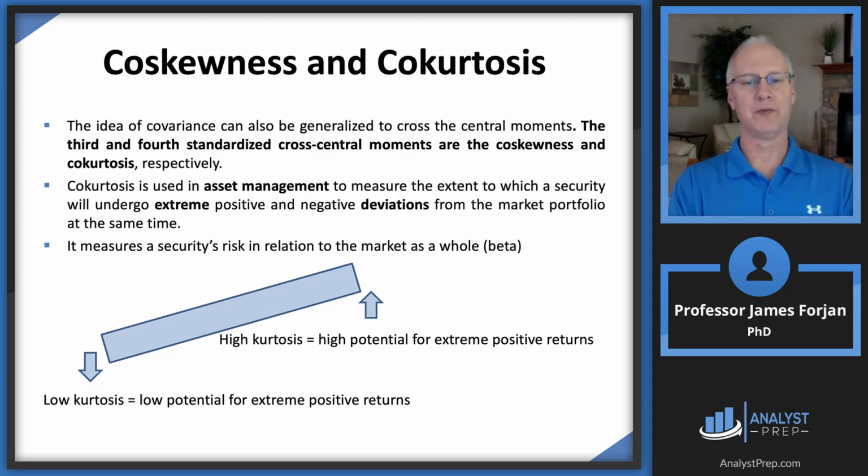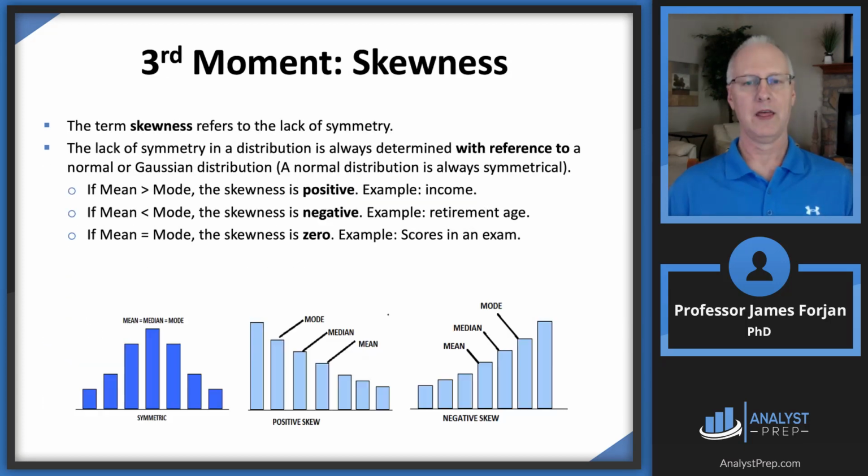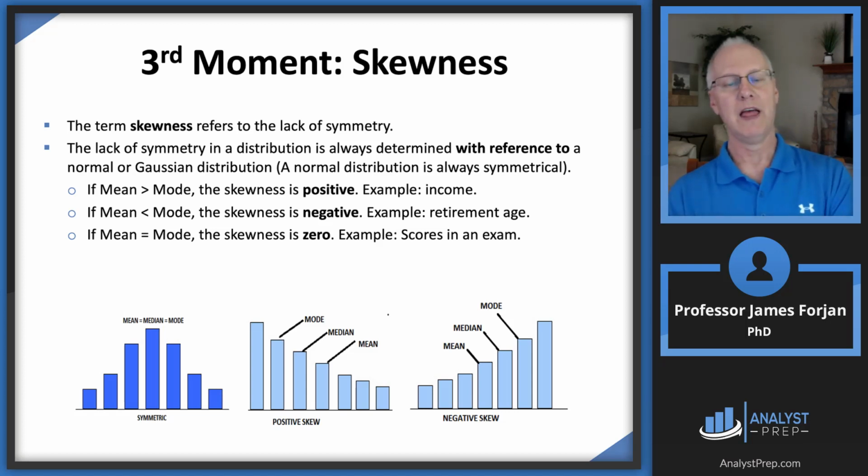Like, for example, let me go back here real quick. If we have, let's take the middle example. If we have positive skewness and we have positive co-skewness, what that means is that if we're going to get some of those right tail distributions, which are good, right? And what we want to do is if one gets those positive co-skewnesses, then we want the rest of our portfolio to follow along, right?